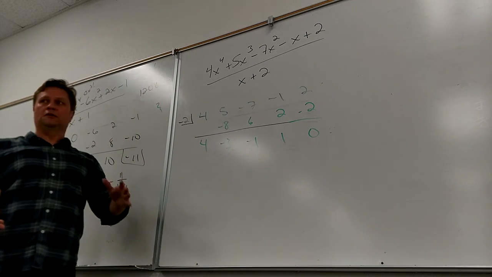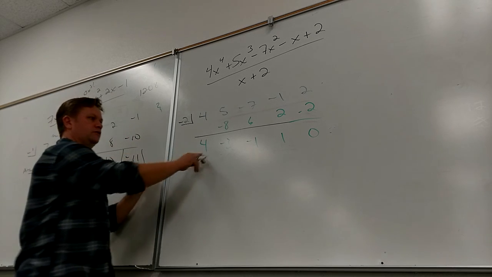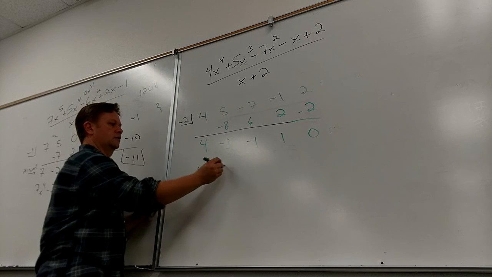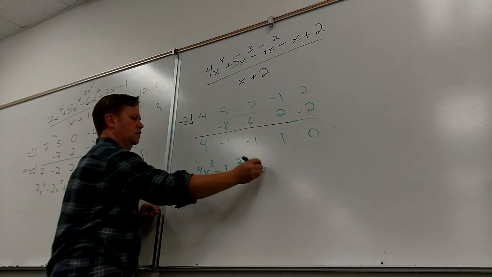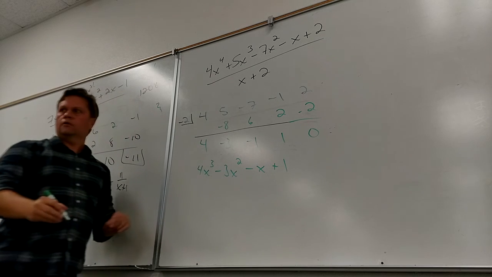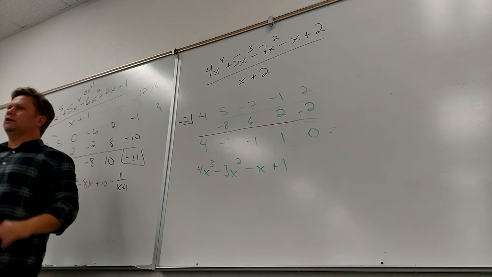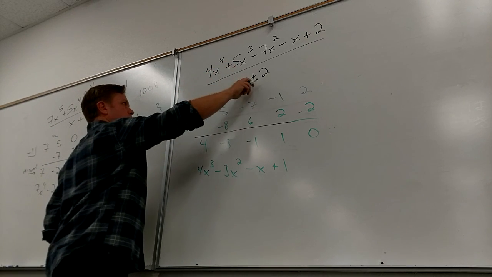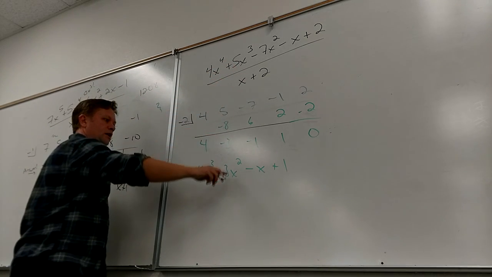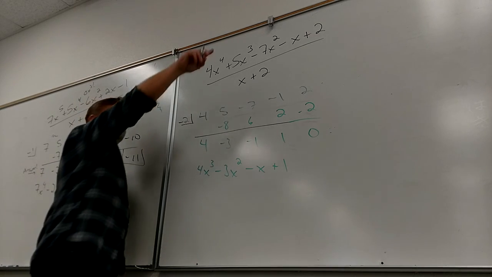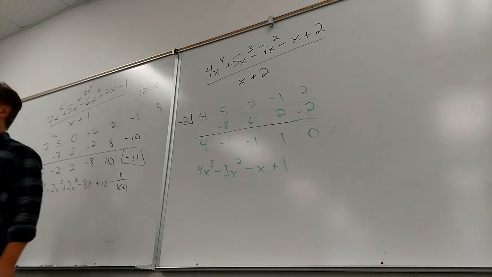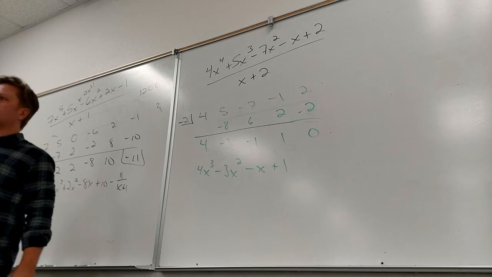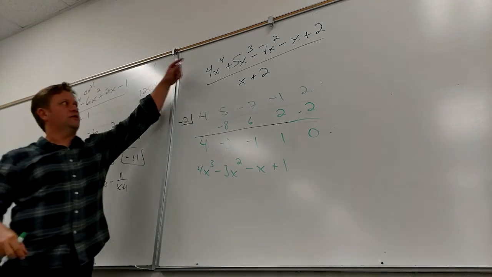What does that really mean? Let's first write down what the answer is. 4x cubed. So if something goes in evenly, x plus 2 went in evenly. That means x plus 2 times this equals that. That's what that means. So when it goes in evenly, what you've actually done is you have factored this.